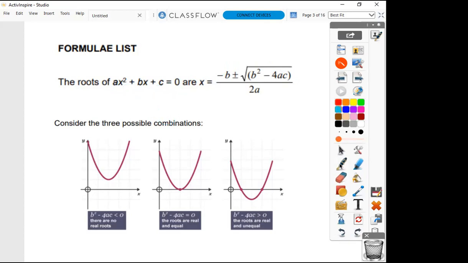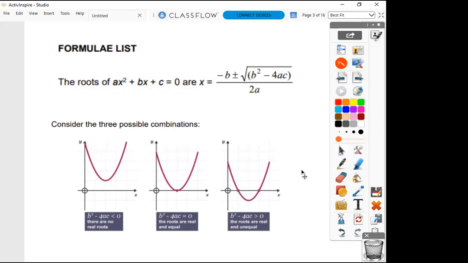What are we trying to find out? Towards the bottom of your page, you've got the parabolas drawn out. We're familiar with these. What the roots are, where it crosses the x-axis. I'm looking at that third graph and where that curve crosses the x-axis.